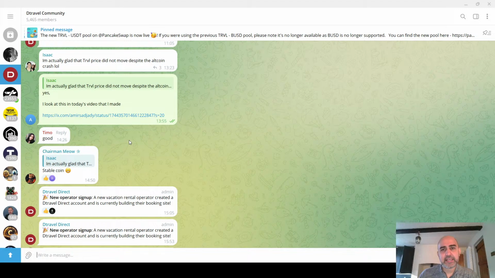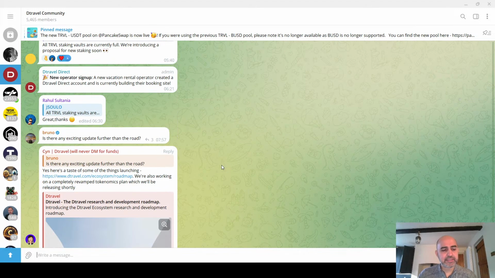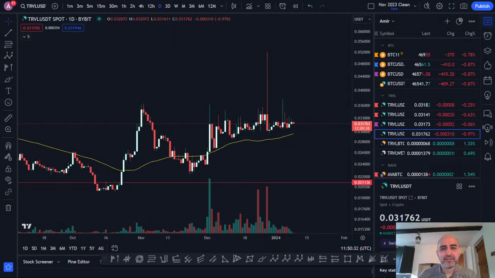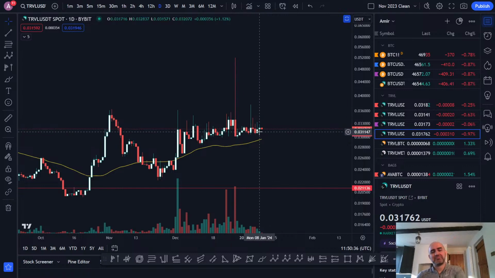So we have to see how that plays out. Are we going to experience some kind of selling? It's always a question of what that means. Are people going to sell as soon as the staking options are released?